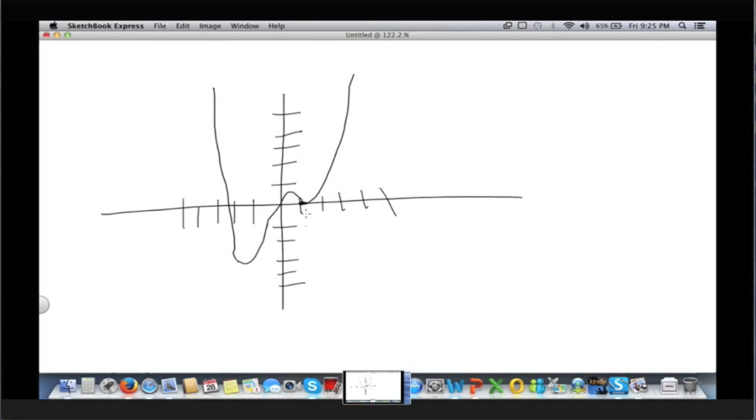Good. All right, so let's label the curve that you have written down so far. What's the equation of that curve? Okay, excellent. Now let's draw the tangent line.